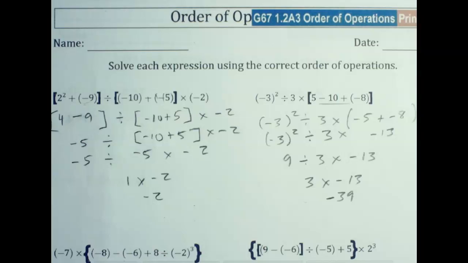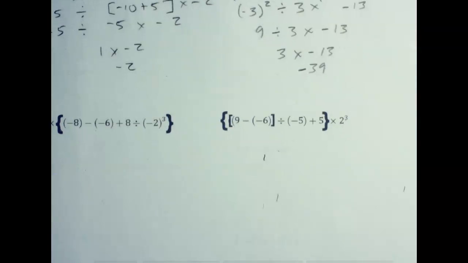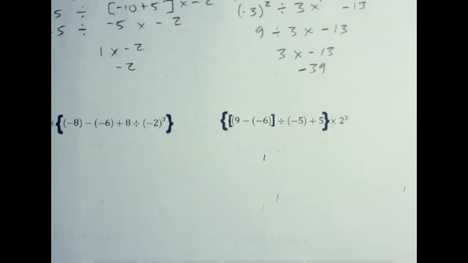All right, I'm going to do one more, and I'll leave half the page for you to do on your own. Let's see. I think I will do this one right here, because it's got two sets of brackets, and show you how that works. These are the nested brackets.